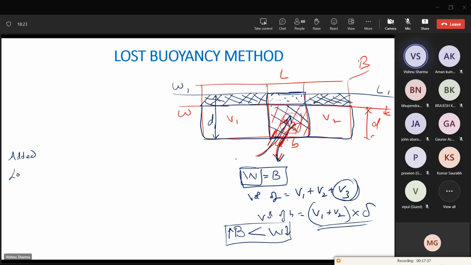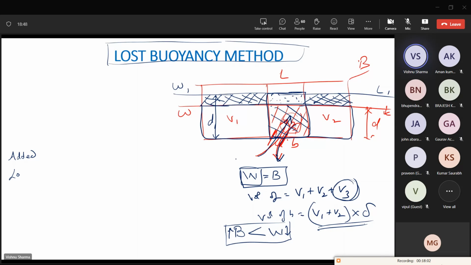If you go by this concept that bilging is leading to loss of some of my buoyancy, then this method is called the lost buoyancy method. Guys, the effect is the same.